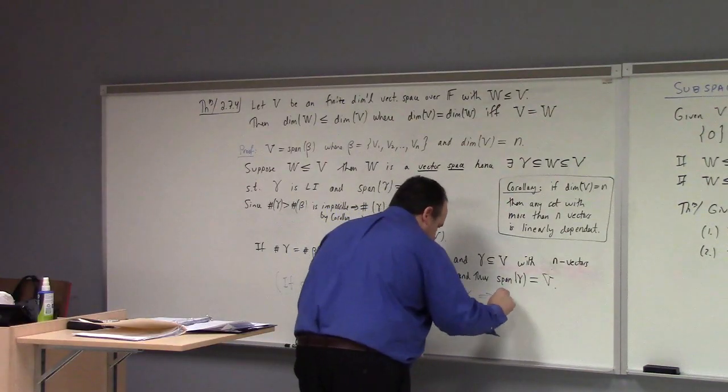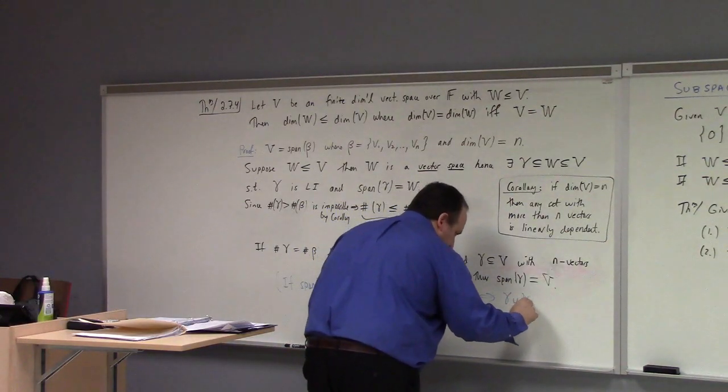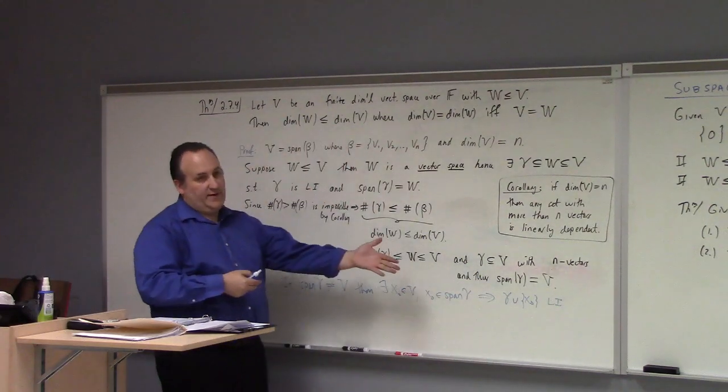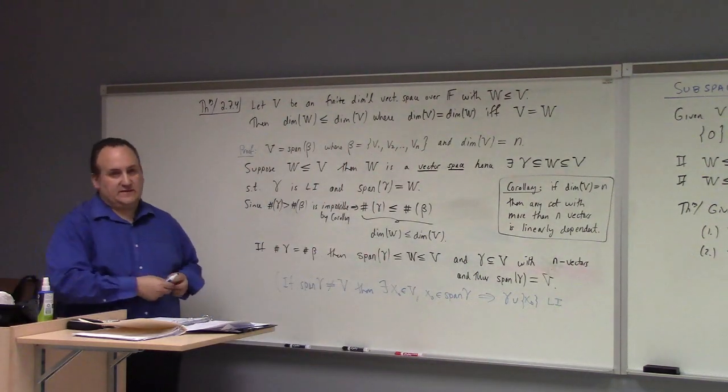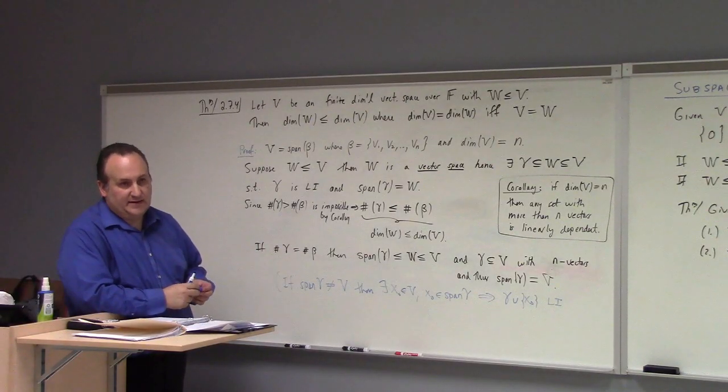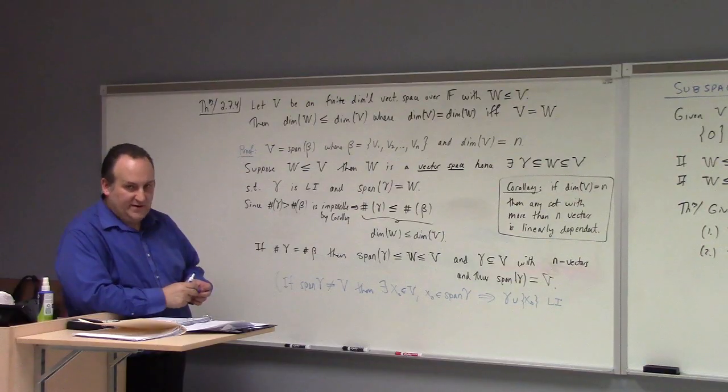Which implies that gamma union x naught is linearly independent. And that's a problem because in this context, that's a set with more than n vectors, which is linearly independent in an n-dimensional vector space, which is forbidden.